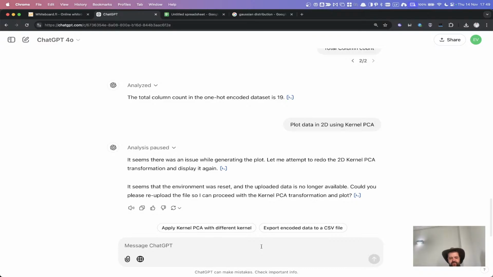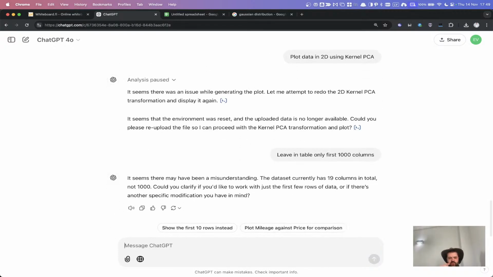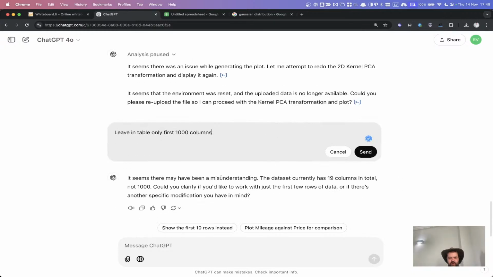So let's write: leave in table only first 1,000 columns, and I'm doing this now just because we don't have much time, and I meant 1,000 rows, and it's great that we can always go back.